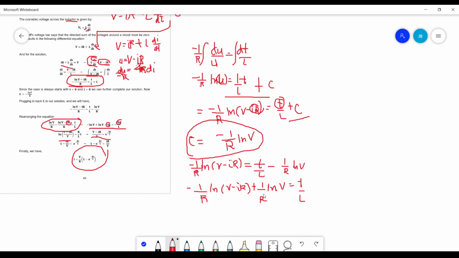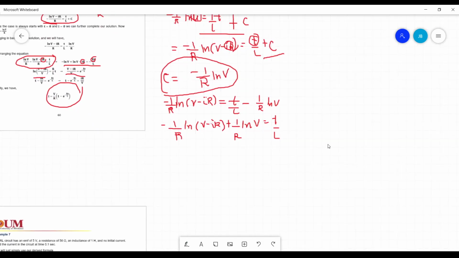So what's next here? What should be next? So the law of logarithmic says that this one, kani siya mahimo siya og factor na to si 1 over r, and then this one will be negative ln of v.